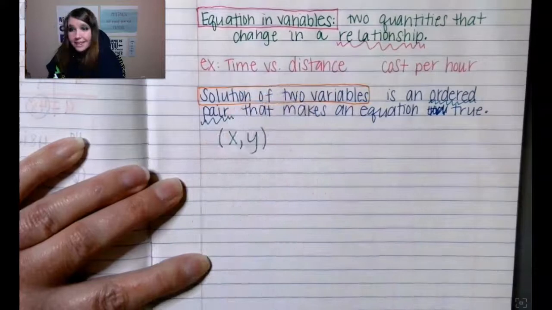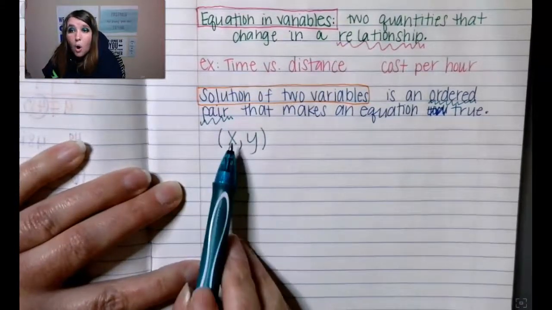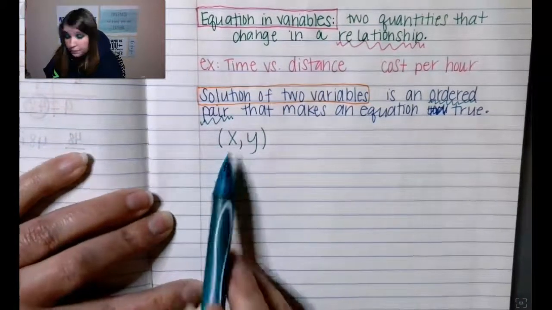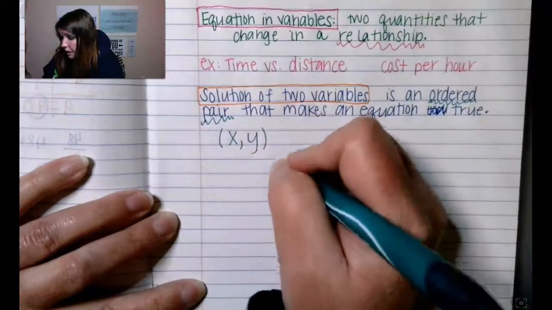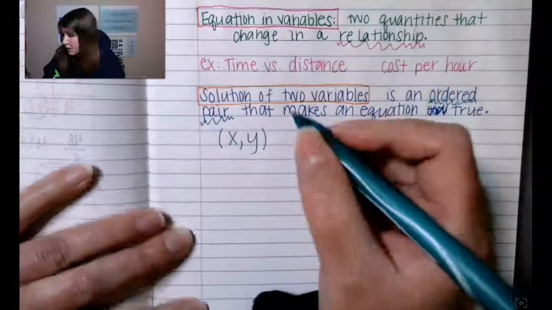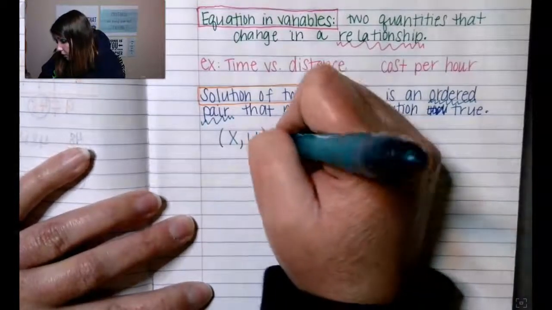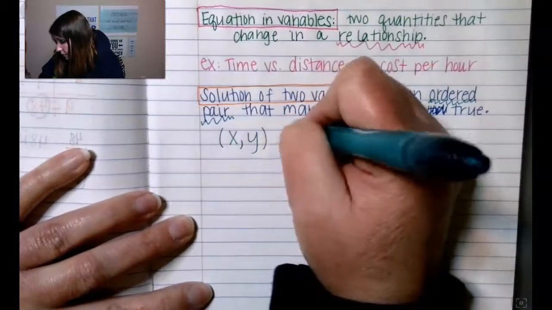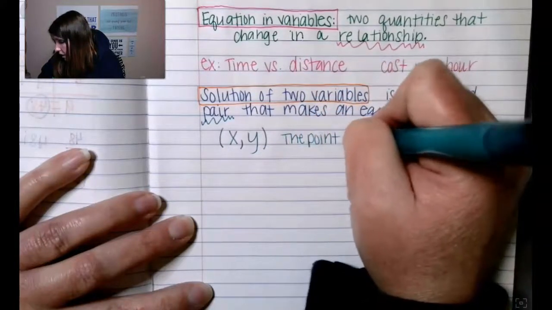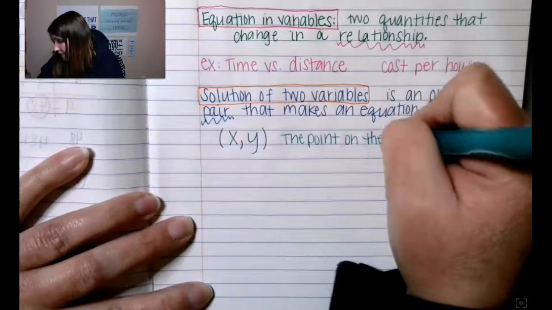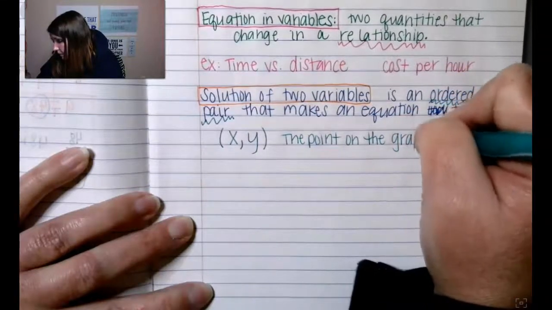It looks like this. X always comes first. It's always on the bottom, and then we go up the y-axis, okay? So it's the point on the graph. It's like an address.